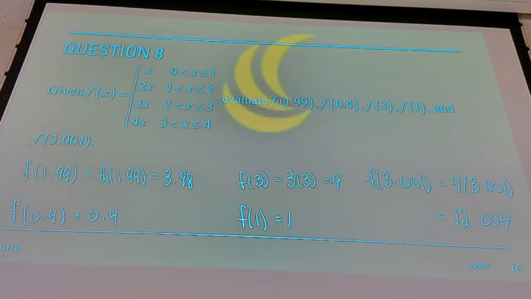Calc 2, depending on how it's taught, starts off actually the hardest and then gets easier. Just a fair warning if you have to take Calc 2. Calc 3 is actually the opposite. Starts off really easy, and then by the end, you're just praying that you pass. Calc 2 starts off extremely hard, and then by the end, you're going, oh, I got this. Calc 1 is just Calc 1.